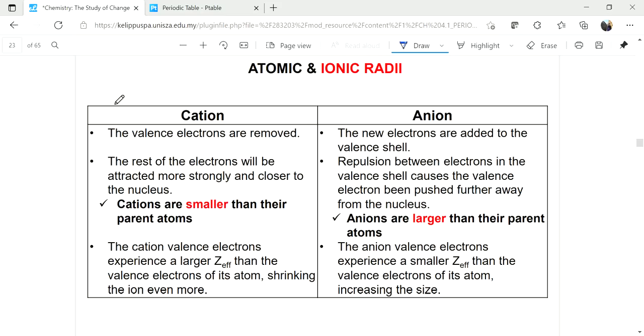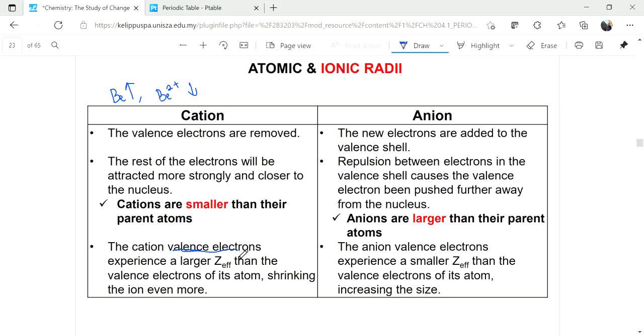As an example, we have a beryllium atom and a beryllium ion, beryllium 2 plus. The size of beryllium 2 plus is smaller than the size of the beryllium atom. Why does it become smaller?